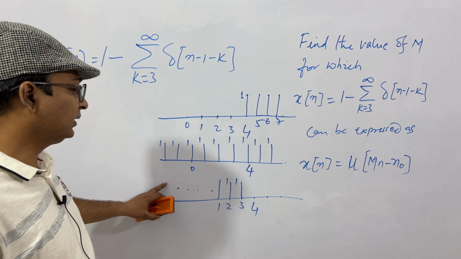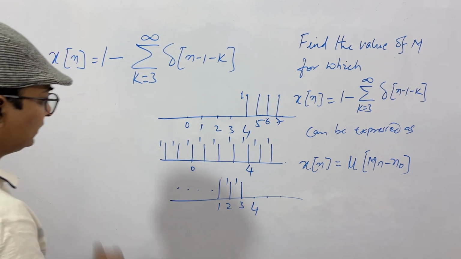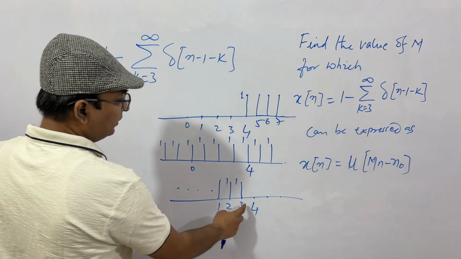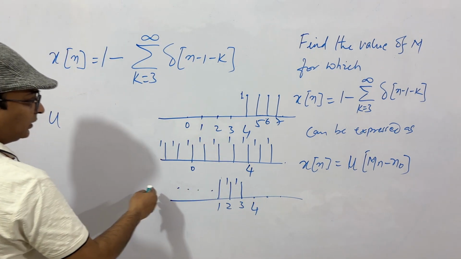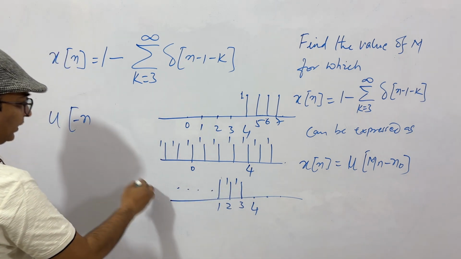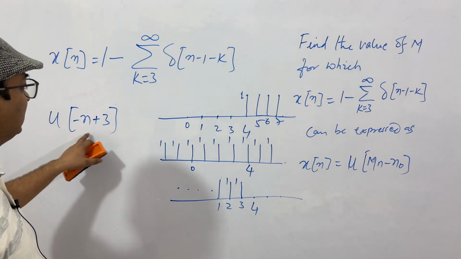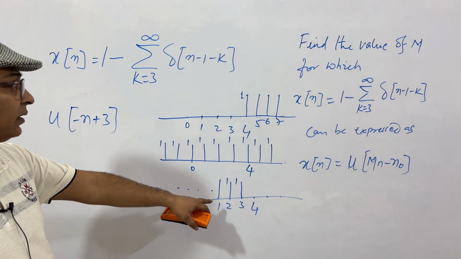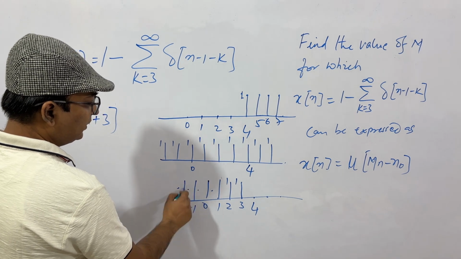How can we express this signal? What will be the value of this signal? See, this signal is reversed to this side. So this is a unit step function, you know, and this is minus n, because we have to go this side only, and from 3. So this signal is basically u of minus n plus 3. You can see this signal at 0, minus 1, minus 2.